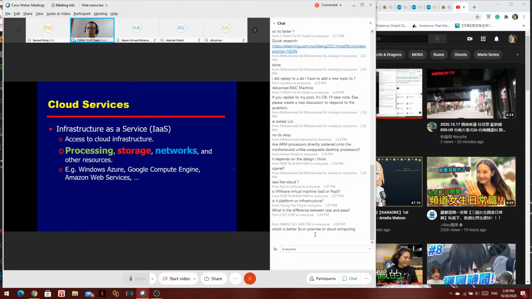Which is better, in premise or cloud computing? In premise, I assume that it is your own machine, as compared to cloud computing. Well, I suppose it depends on what you want to do. But put it this way, you can't run away from having your own hard machine. Some of what you do you want without the cloud, and some with the cloud. If you are constantly traveling and don't want a very high performance machine, then cloud computing is very good.